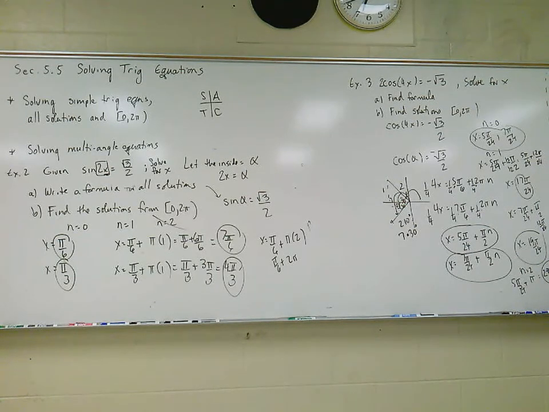Good. And then 7 pi over 24 plus pi. Again, I'm just using my formula. Why am I getting pi? Because I'm plugging in a 2 for n. But those 2's cancel, and we get 31 pi over 24. All right, 31 pi over 24. So look, how do you know that you keep that? 31 over 24. Is that less than 2?